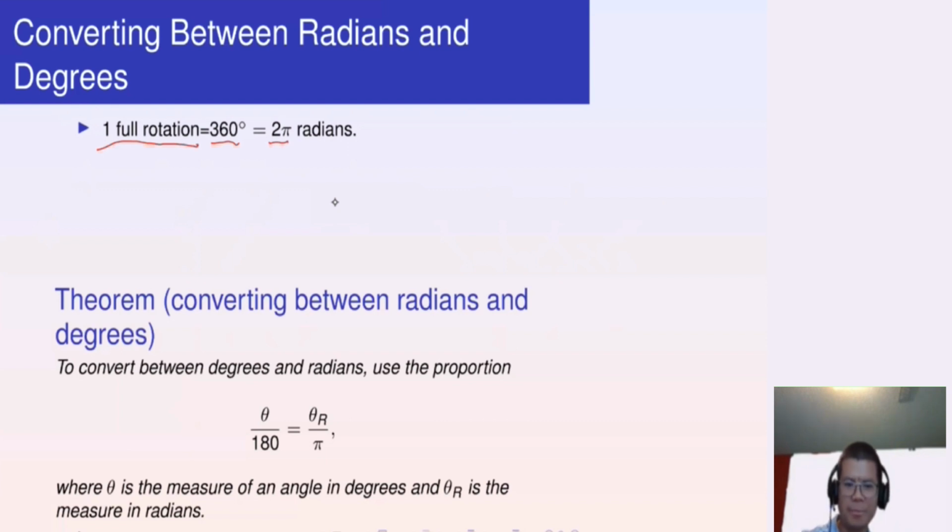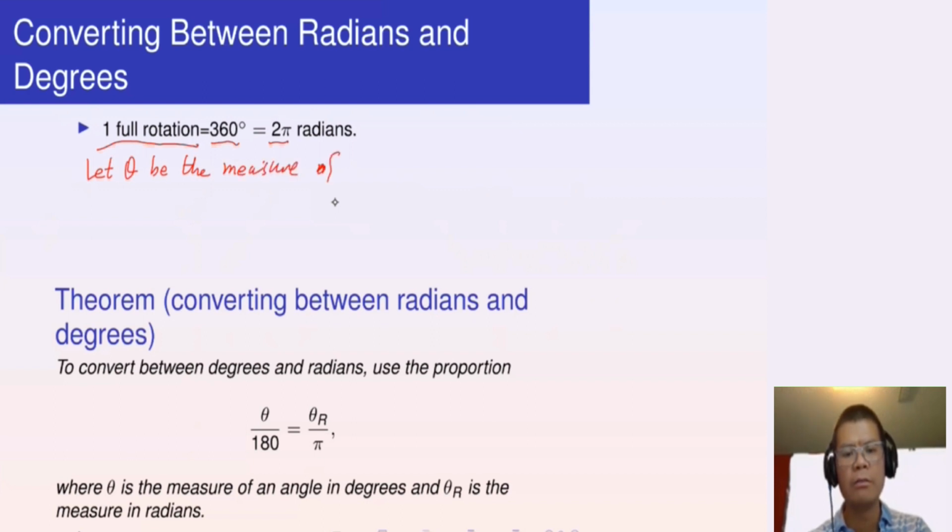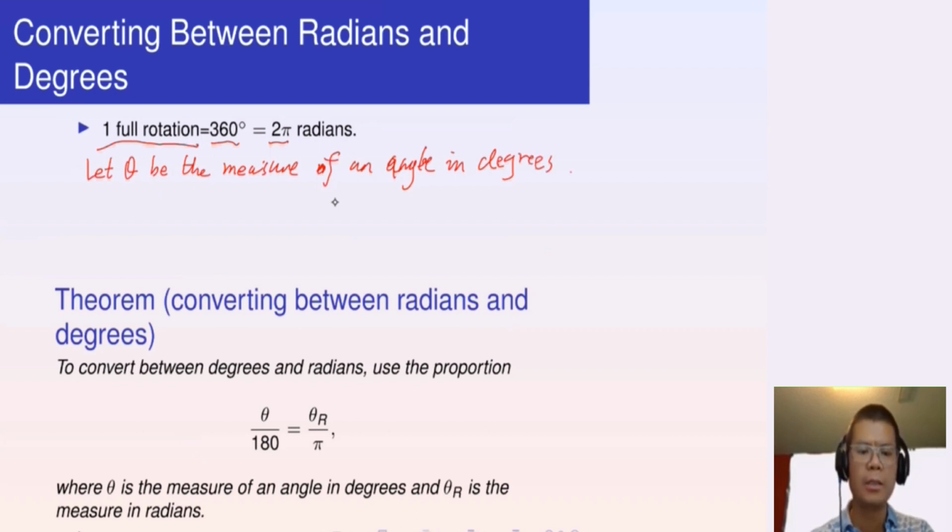Now we can find, for any angle, let theta be the measure of an angle in degrees, and let theta r be the measure of the same angle in radians.